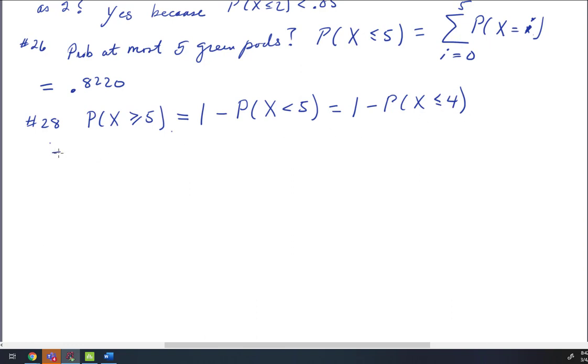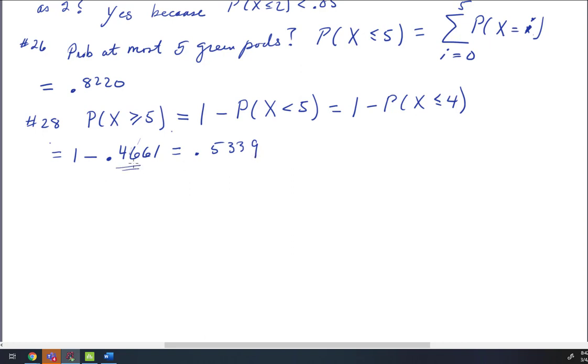And this is equal to 1 minus, and all we have to do is to scroll back up and pick up our probability table. And if we did that, it would be 0.4661. And then it's just subtraction here, 0.5339.